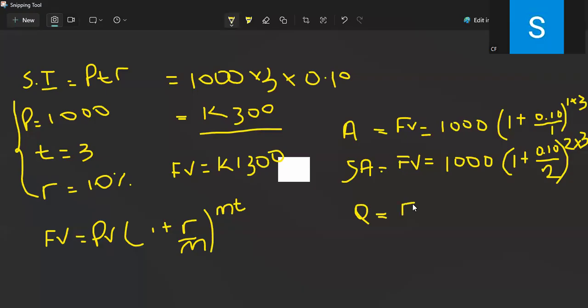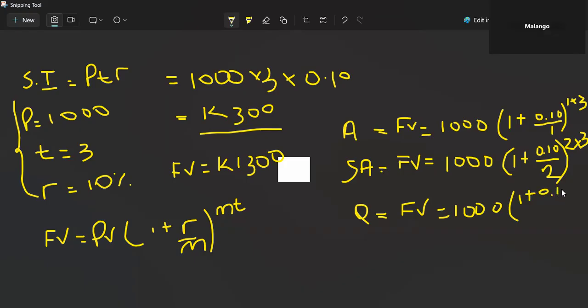How about quarterly? What is happening? What will be the difference there? Where there's M, we're going to put what? Quarterly means how many times? It means 4 times, so you're going to put a 4.